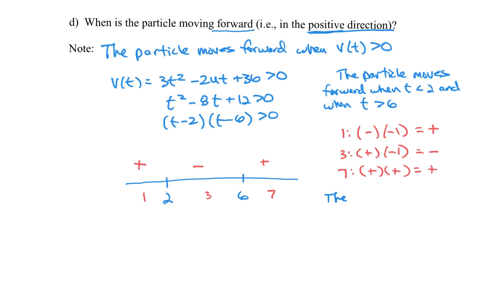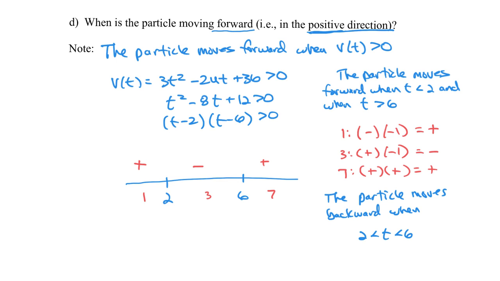And the particle moves backward between 2 and 6 seconds, which we could say something like this. I didn't put less than or equal to because we know at 2 and 6 seconds it's not moving, right? The velocity is 0 there. So that's how we figure out forward or backward, also direction.